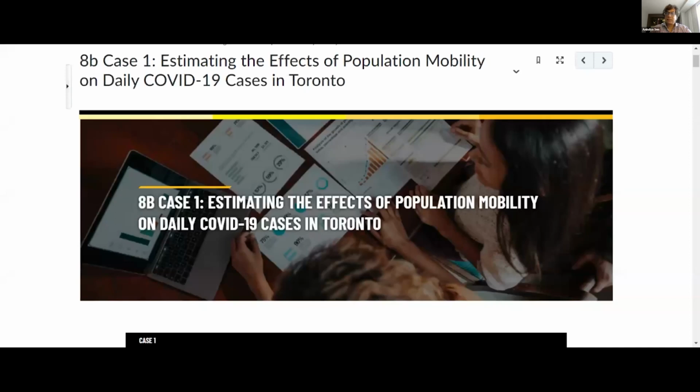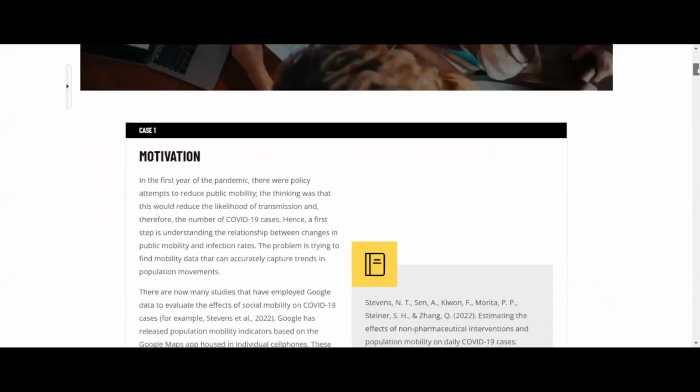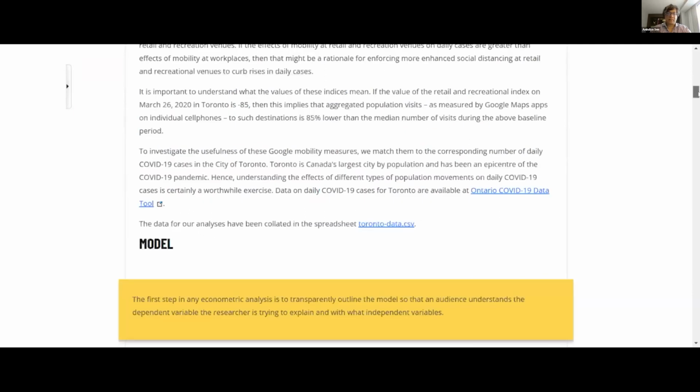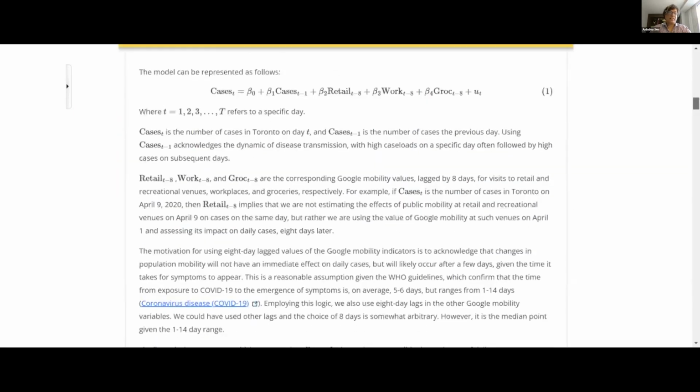So, Ethan, just checking you can see my Learn site. Looking good. Okay, great. The idea here is to come up with a model that can explain the spread of COVID-19 on a daily basis in Toronto.